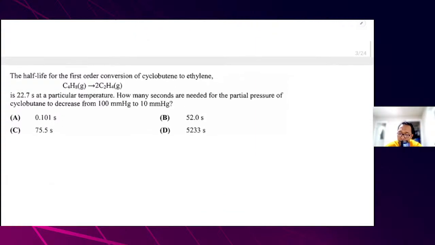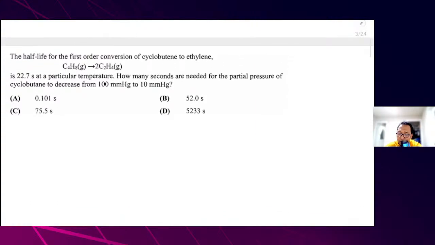Okay, so the half-life for the first order conversion of cyclobutene to ethylene is blah blah blah at a particular temperature. How many seconds are needed for the partial pressure of cyclobutene to decrease from 100 to 10 mmHg? Okay, it's quite complicated for this one because it involves some equation.